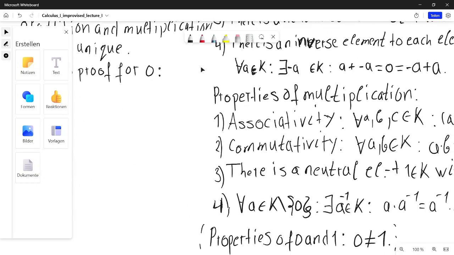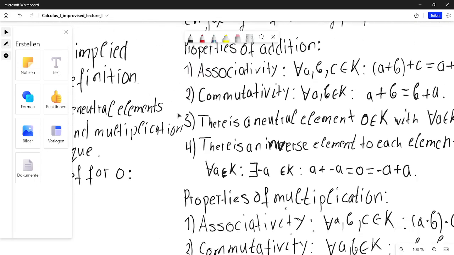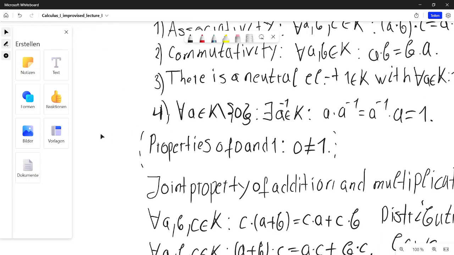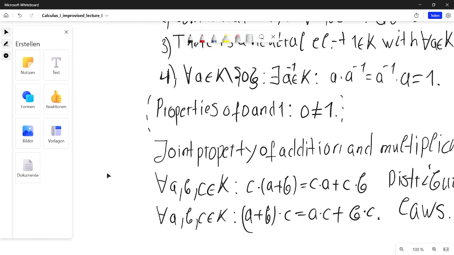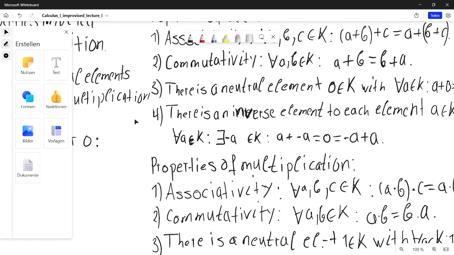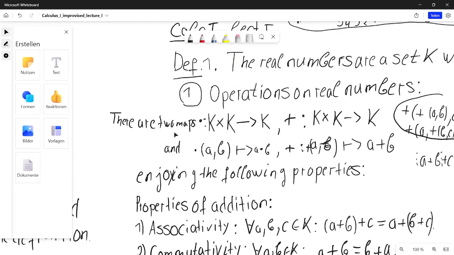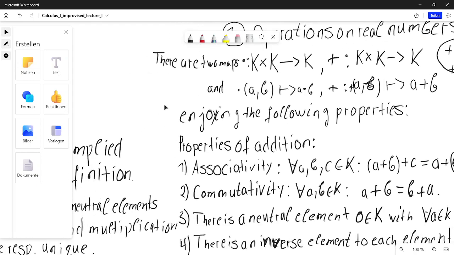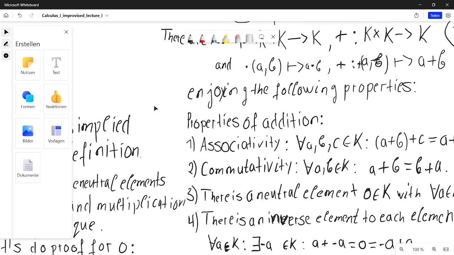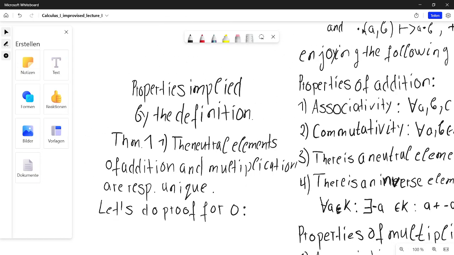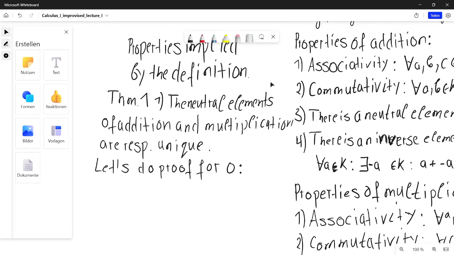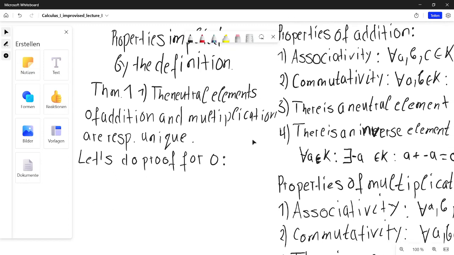Okay, and as I mentioned, there's also a general object which we have just up to now defined. Up to now, the first part of the definition of the real numbers just says real numbers are a field. So this is a more general structure that just enjoys all these properties and is defined exactly like that.